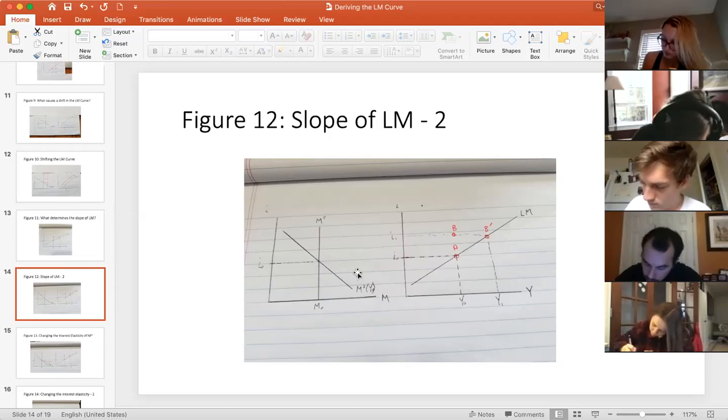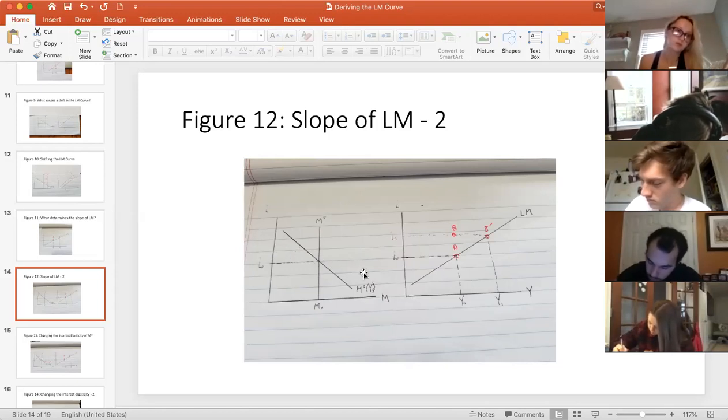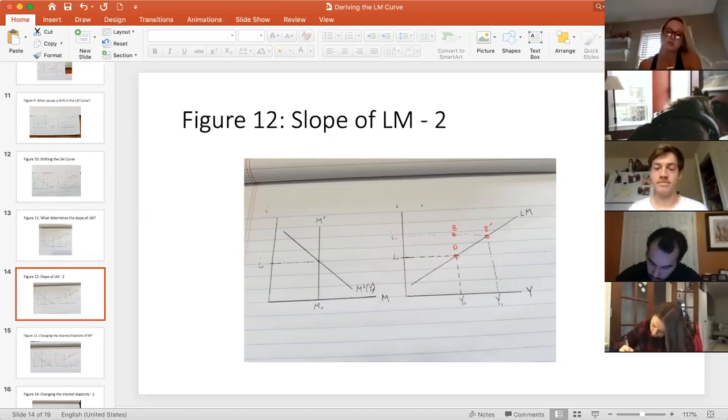More elastic, bigger response of money demand, which means I believe that the money demand curve gets flatter, just like the pizza demand curve, a more elastic demand curve is flatter. Does that make sense? This is where somebody hopefully gives me a thumbs up like Bo. Got it.